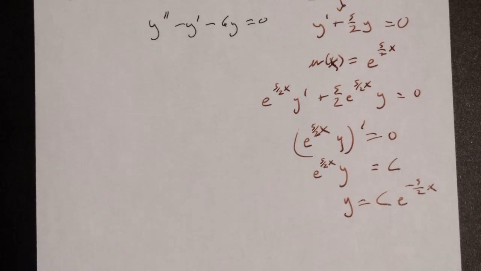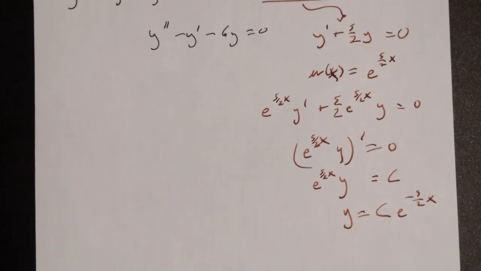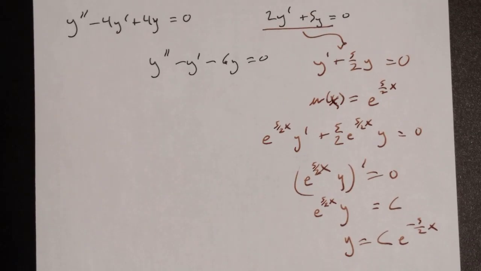By the way, this equation is also separable. You could have done it by separating as well. But let me think about this for a second. I used e to the integral of p of t because that's what you told me to do with integrating factors.